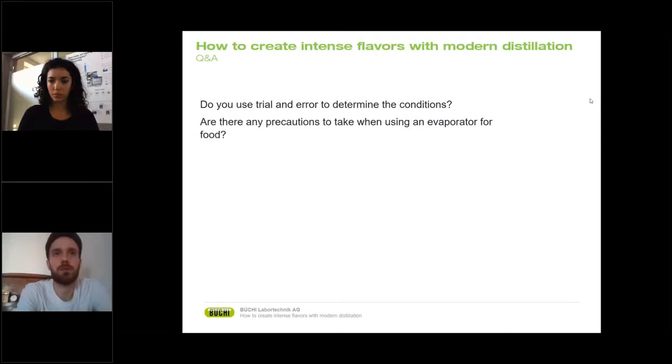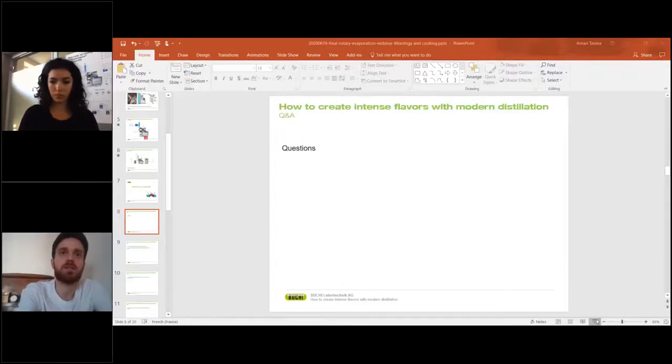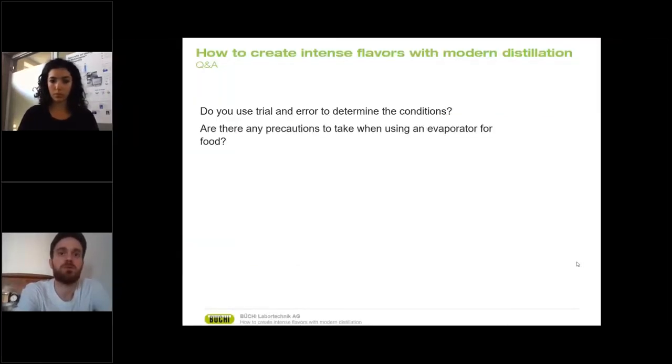When it comes to food application, as I explained before, it is important to know the composition of what you are using. When it comes to botanicals, there are a few of them that can be potentially poisonous. One of them, for example, is absinthe, which is well known to be difficult to distill because it releases some very poisonous compounds.